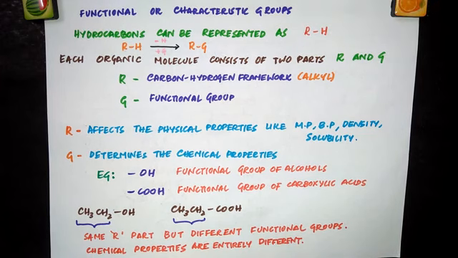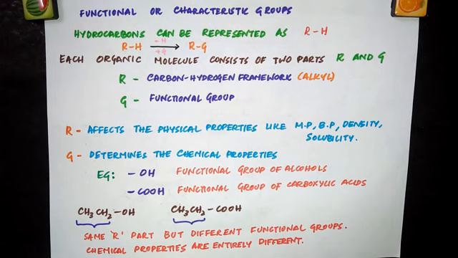And I told you all the other organic compounds are considered to be derived from hydrocarbons by replacing one or more hydrogen atoms by some other reactive atom or group. So that can be represented like this: RH, which is the hydrocarbon. If you remove one hydrogen and add any group or atom, you get RG.